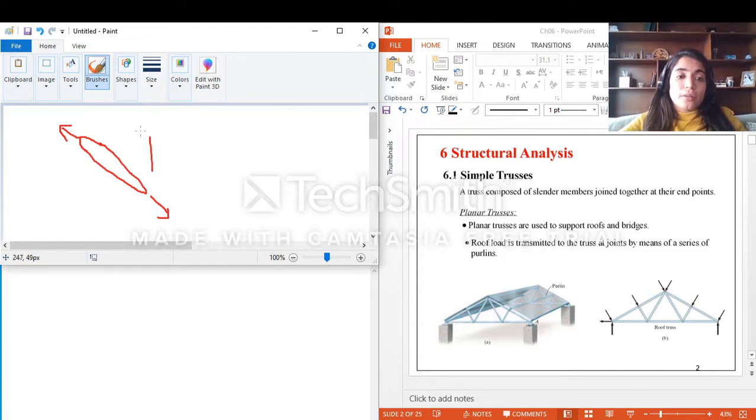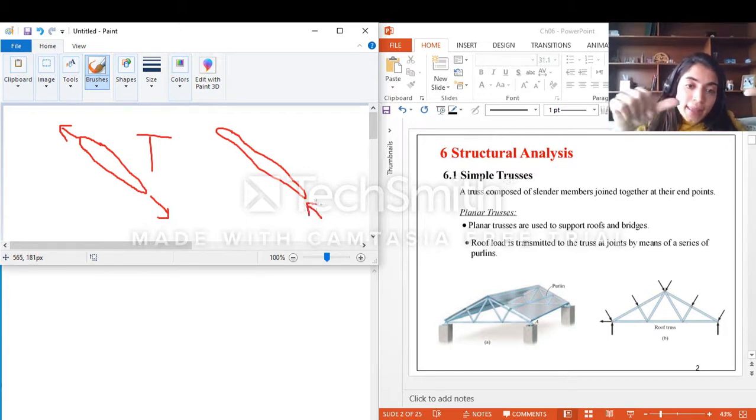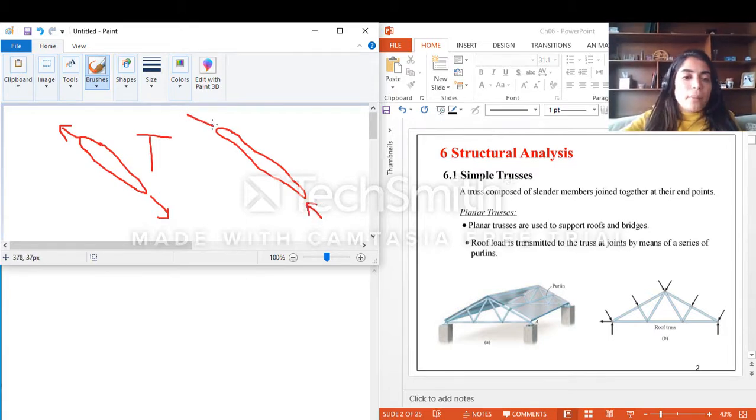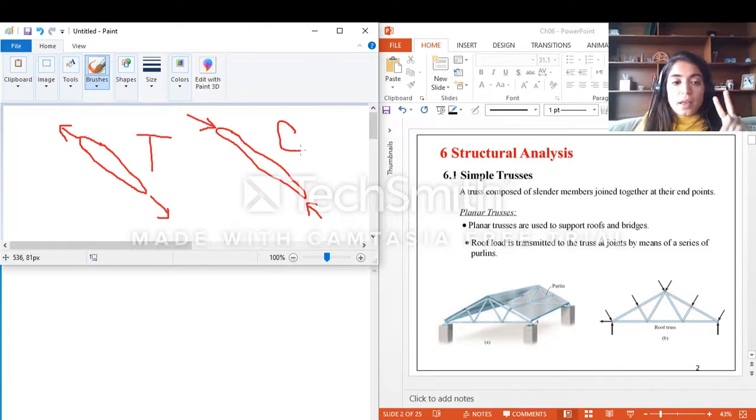I have a tension. Now in the other case, where my forces are into this member, then this will be called compression. So this is the difference between tension and compression, and this is the second thing that I want you to remember. Okay.